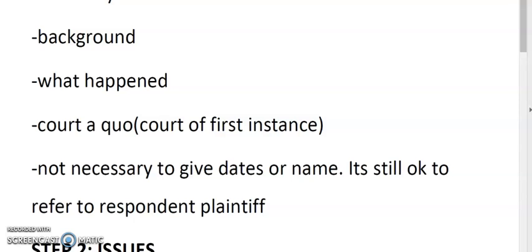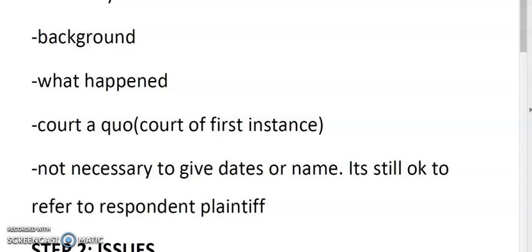Now, you also need to give us a big background about the case. Remember, there are some cases that start from the magistrate's court and end up at the constitutional court. So it doesn't make sense for you to just give us these facts from the perspective of the constitutional court without telling us that this case actually emanated from the magistrate's court. From the magistrate's court, it went to the high court.